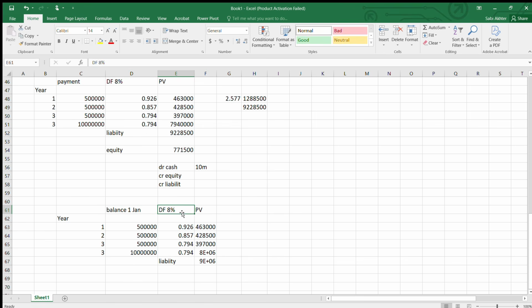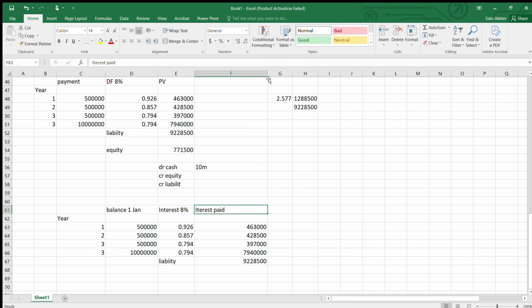And interest, you will be using 8% only. Interest at 8%, you have to find interest on this balance now. No longer discount, now this becomes your interest rate on your liability, on your loan. And then the interest that you have paid, that is this 500,000, you'll be deducting it. And finally the balance at 31st December.